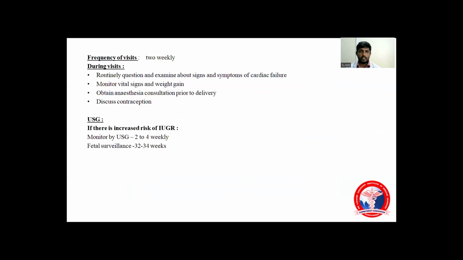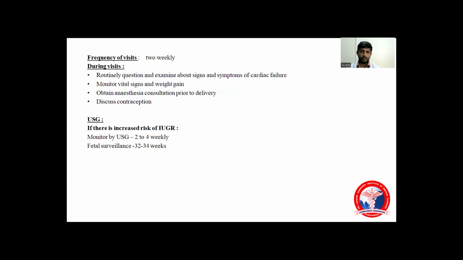So, accordingly, the frequency of visits during heart disease should be 2 weekly. We know patients who are uncomplicated should have a minimum of 5 visits according to WHO. But in this case, the patients with heart disease need to visit the hospital every 2 weeks.